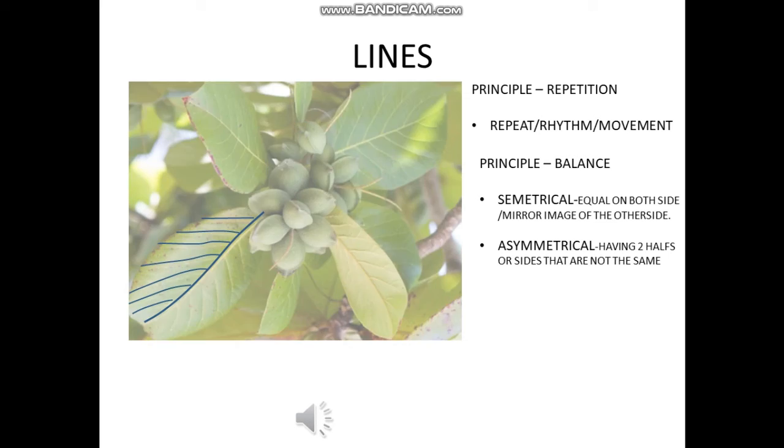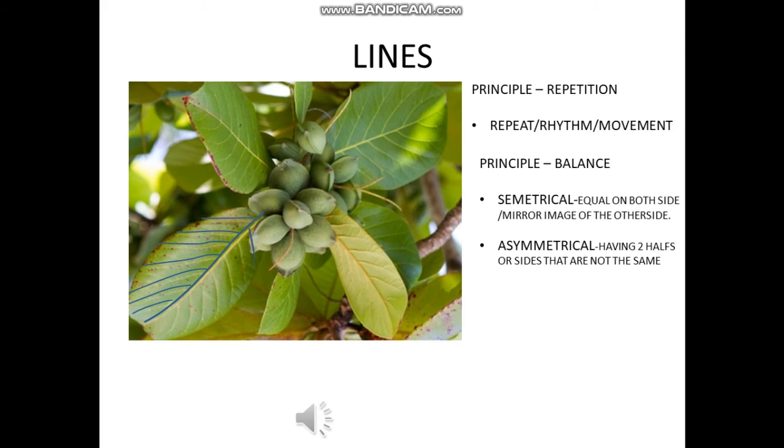We can identify that either by size or by amount, the number of items. So one side can have more or less than the other side, or it can be larger or smaller than the other side.